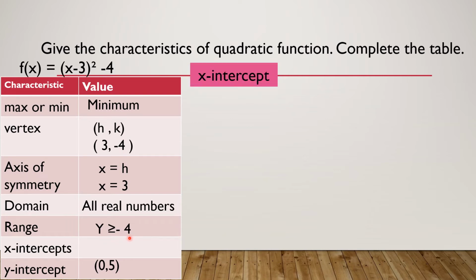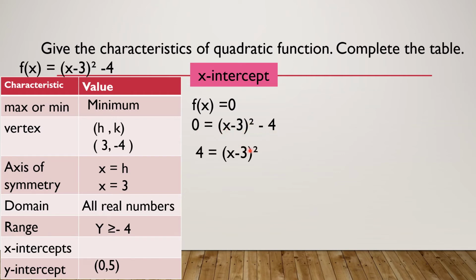And the x-intercept, to solve for x-intercept, f of x is equal to 0. Why f of x is equal to 0? Because f of x is the same as y. So we can write this as y is equal to the quantity x minus 3 squared minus 4. So simply, we just papalitan lang natin yung f of x ng 0 is equal to the quantity x minus 3 squared minus 4.